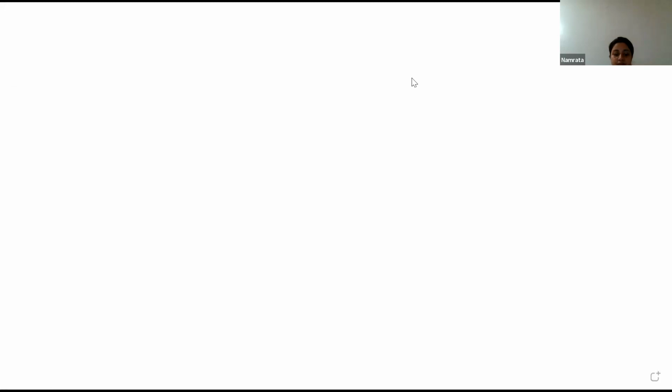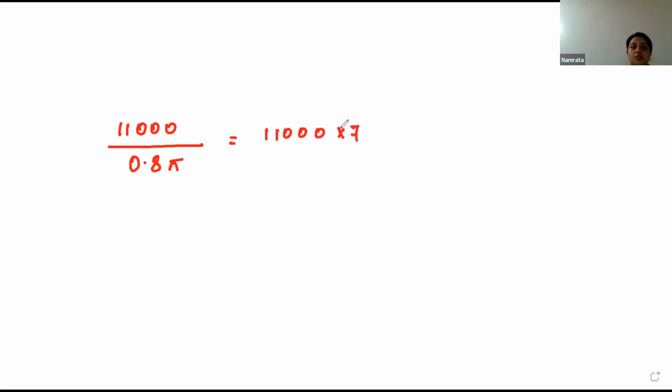So we got 11,000 divided by 0.8 pi. That means 11,000 into 7, this 22 by 7 from pi. This 7 will come in the numerator, 0.8 into 22 you will be having. When you cancel it out and do the calculation, you will get the total number of revolutions.